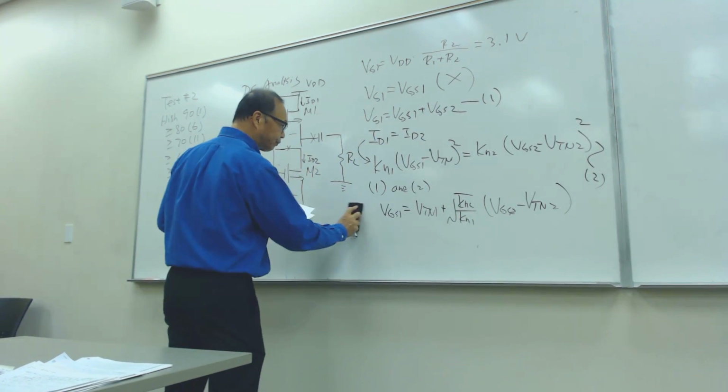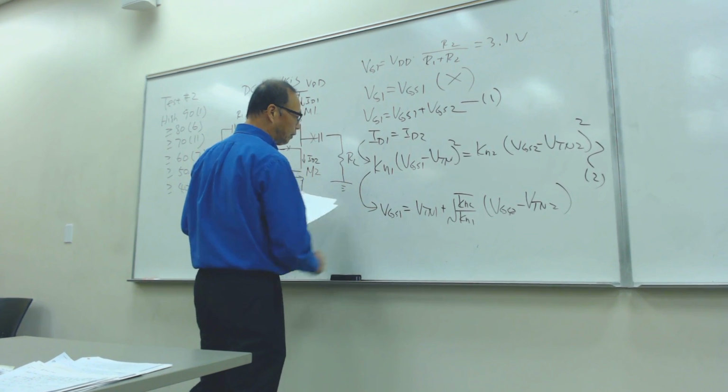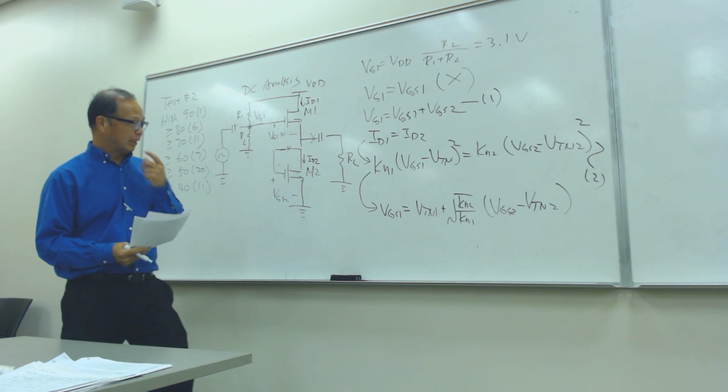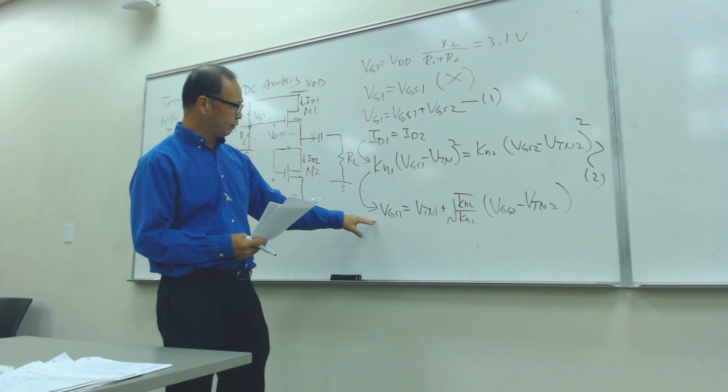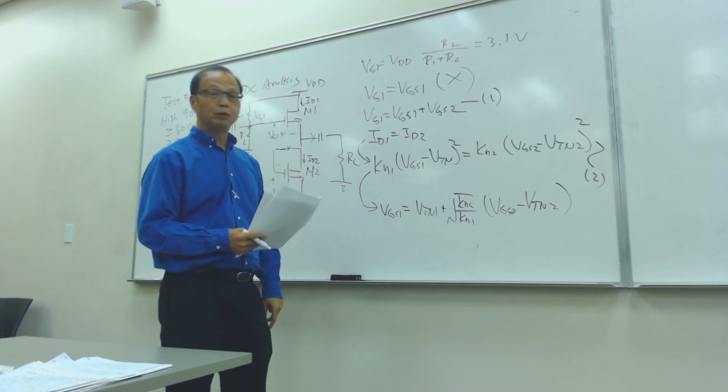Okay, I'm sorry, this is not 1 and 2. This comes from here. Basically, I put VGS1 on the left, and then everything else on the right.